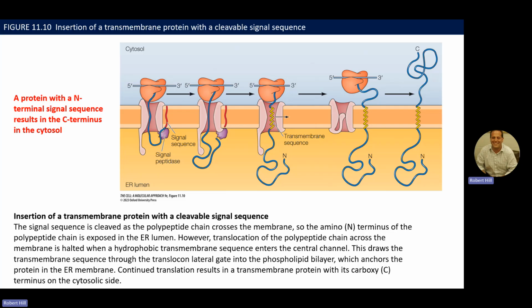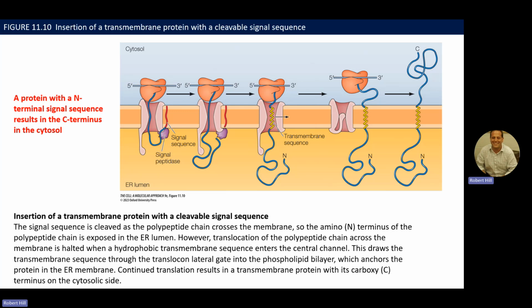So just like we saw before in co-translational targeting, you get a signal recognition particle, right? It binds to the signal sequence, it brings the ribosome to the translocon, and the protein starts translating into the lumen of the ER.